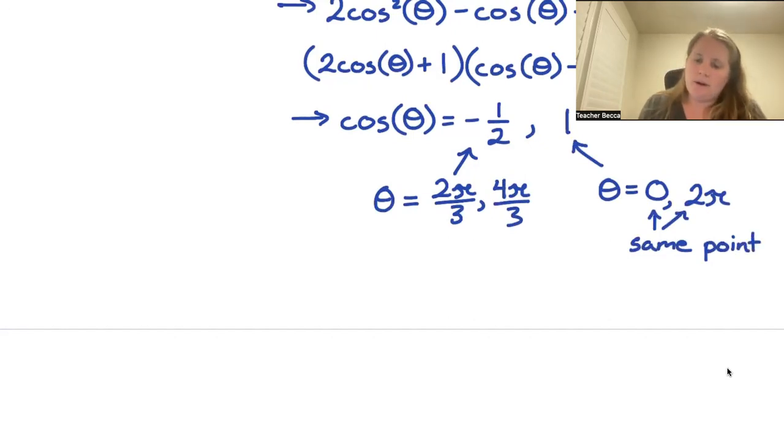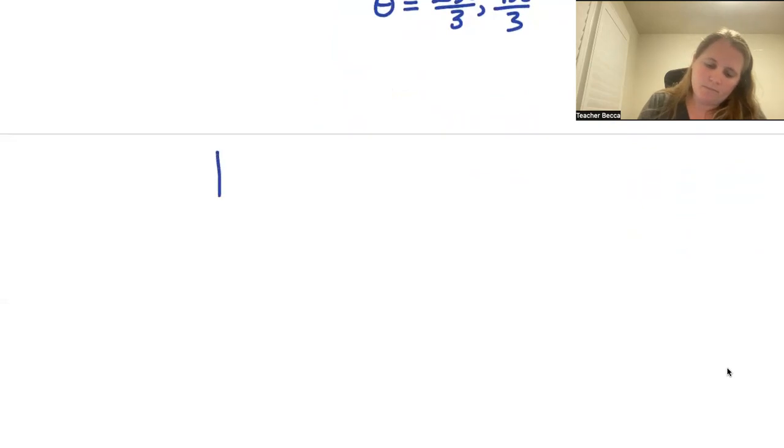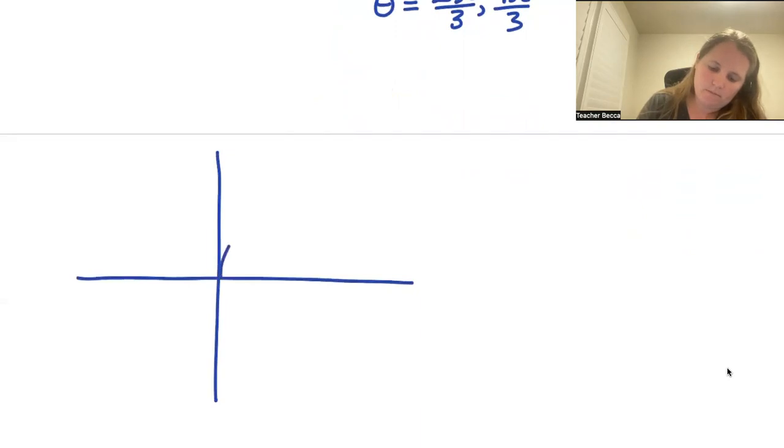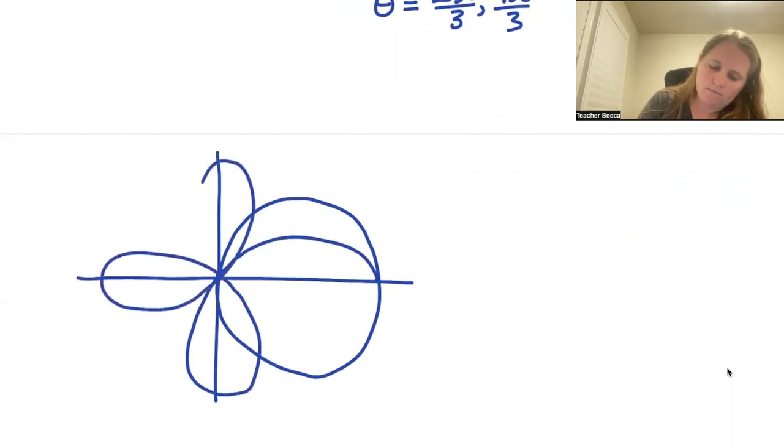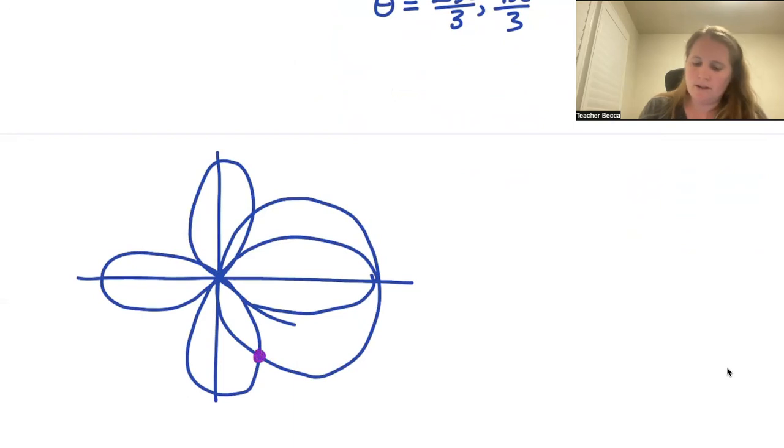If we go back to our graphs, our theta equaling 2 pi over 3 actually corresponds to the point of intersection in the fourth quadrant.